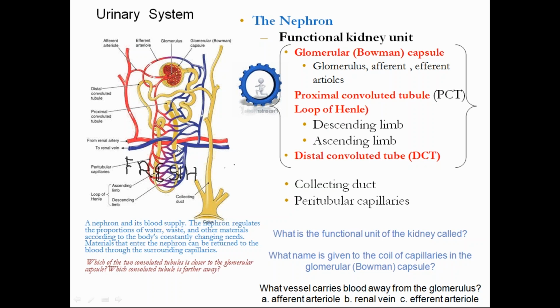So the urea, as you remember, is part of the metabolism of the proteins, right? The proteins are going to form ammonia. This ammonia is very toxic. It's going to be taken by the liver, and the liver turns the ammonia into urea, which is less toxic.